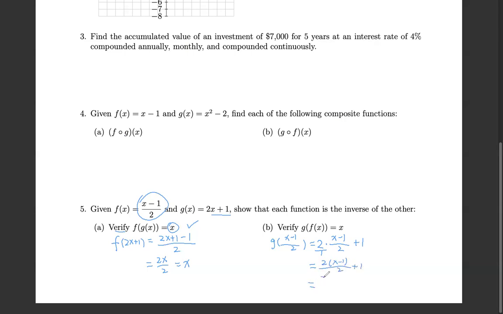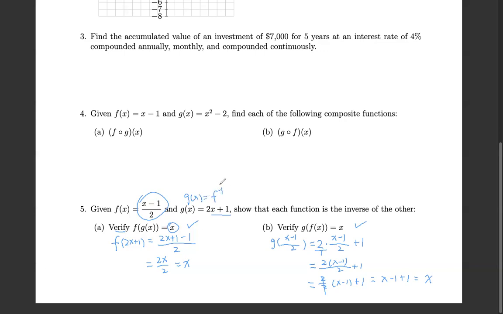Right? This is 2 over 2, x minus 1 plus 1. 2 over 2 is 1. You have x minus 1 plus 1, minus 1 plus 1 is 0. Okay, also verified. So indeed, that means g of x actually is f inverse.